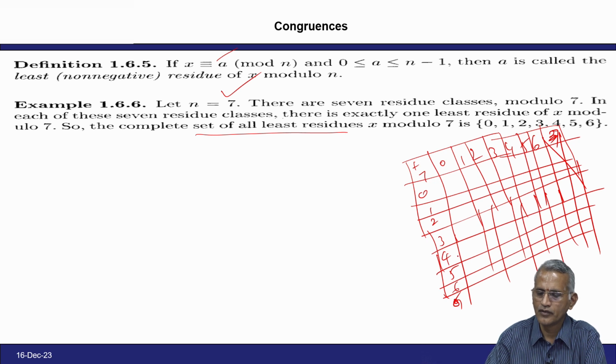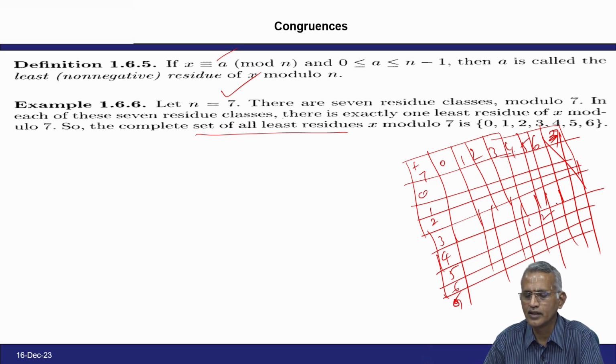Therefore, for example, if you take 4 plus 4, that is 8, 8 by 7, therefore the remainder is 1, therefore the corresponding value is 1. 4 plus 5 is 9, right. So, 9 under modulo 7 is 2. So, like that we can easily calculate with the help of the Cayley table.